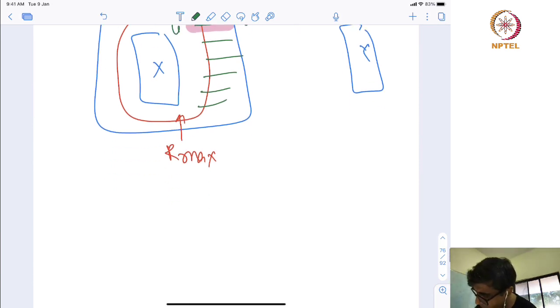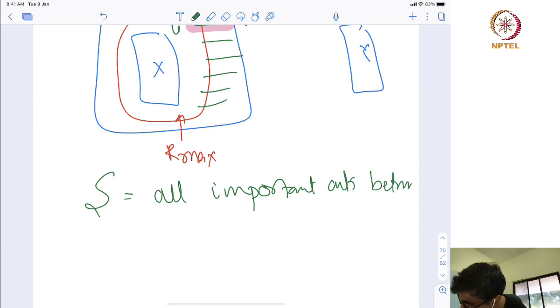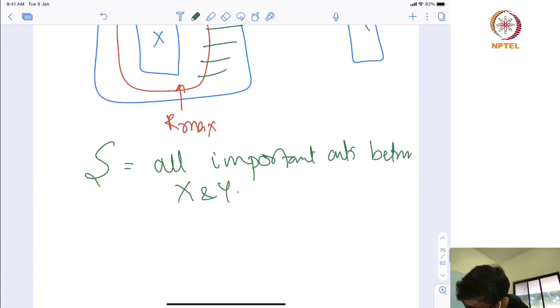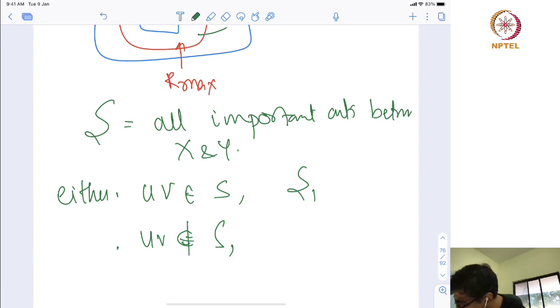So we had two cases. Suppose this is my S, all important cuts between X and Y. Either UV belongs to S, let's call this S1, or UV does not belong to S. This is called S2.